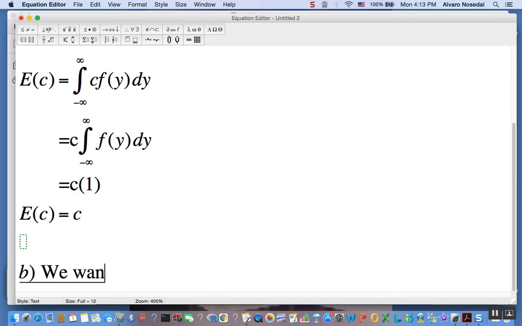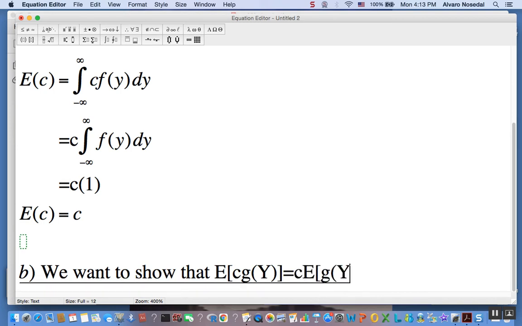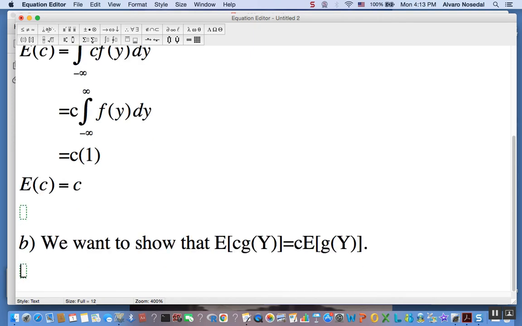So we want to show that expected value of c times g of y equals c times expected value of g of y. Okay. Proof.